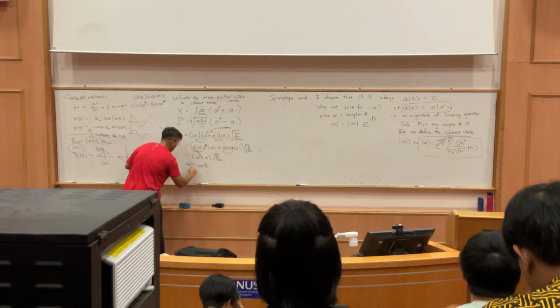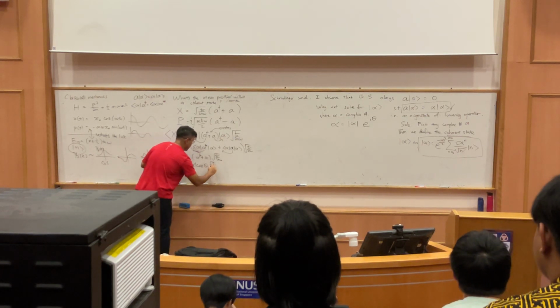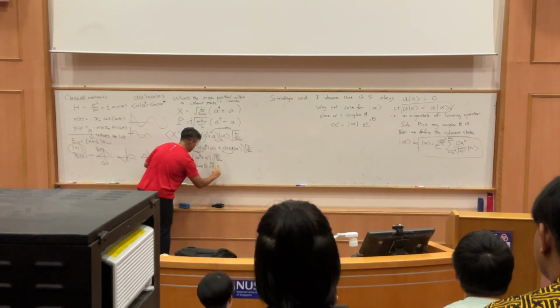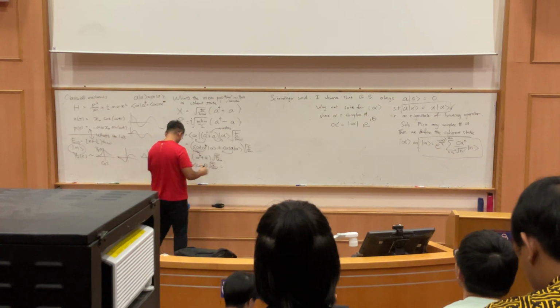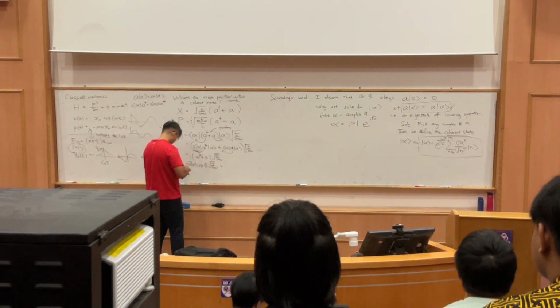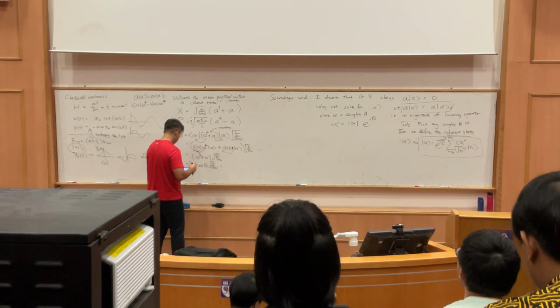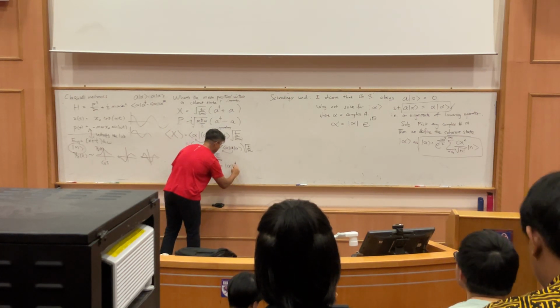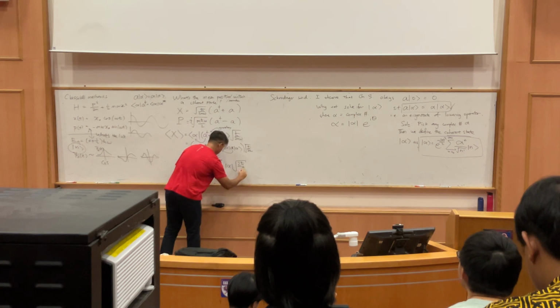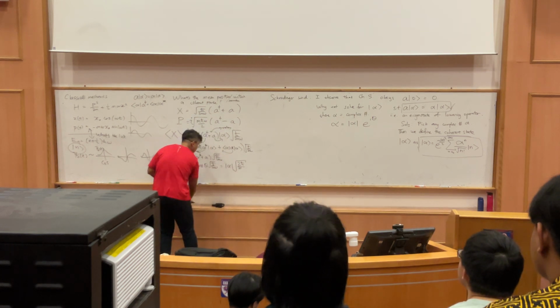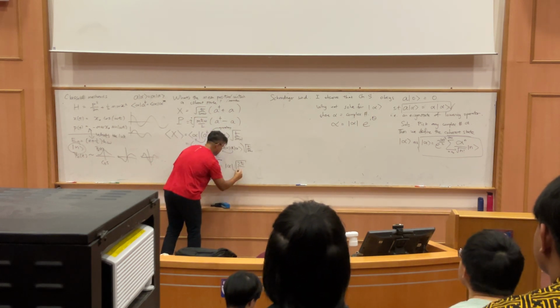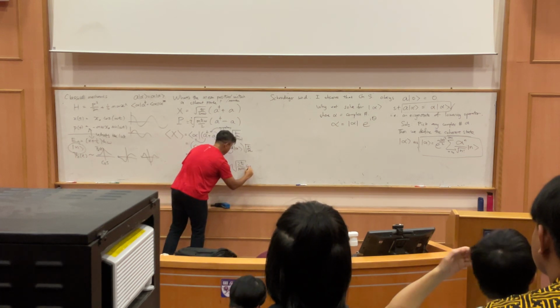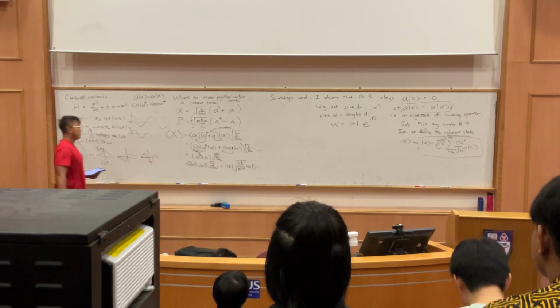Twice alpha cosine theta times square root of h bar over 2m omega. That equals alpha times square root of 2 h bar over m omega, times cosine theta.